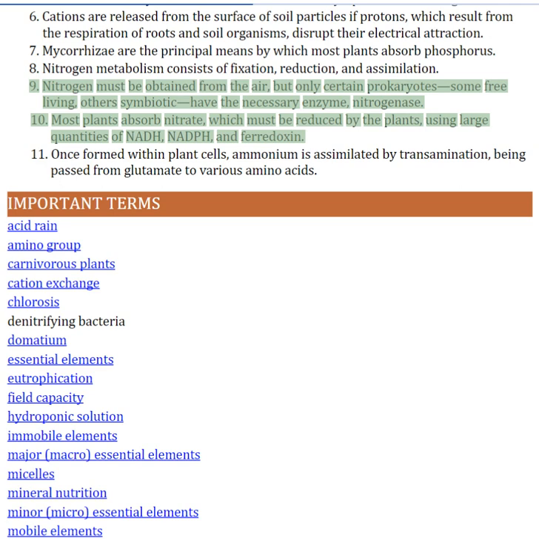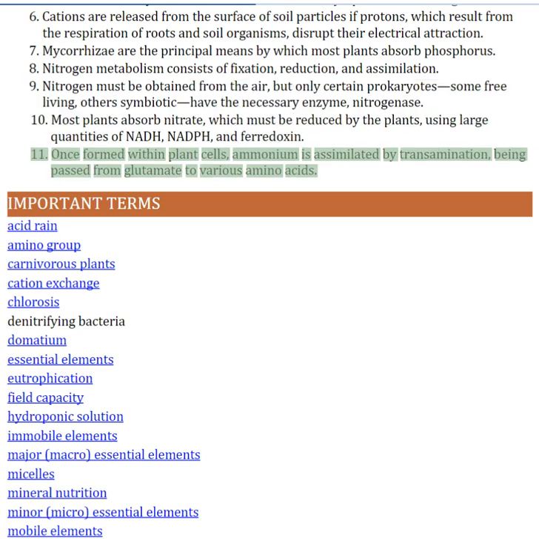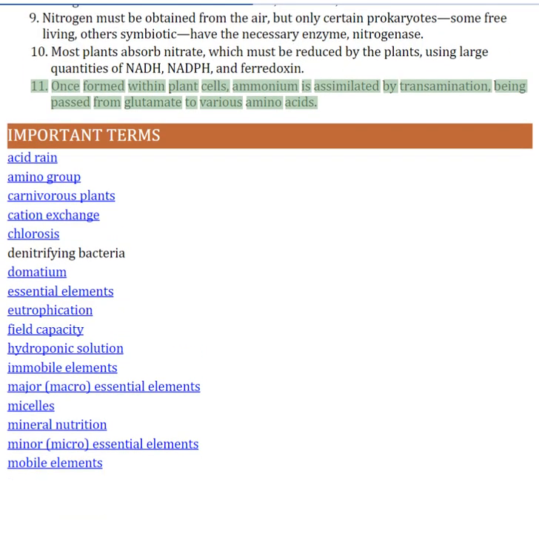Most plants absorb nitrate, which must be reduced by the plants, using large quantities of NADH, NADPH, and ferredoxin. 11. Once formed within plant cells, ammonium is assimilated by transamination, being passed from glutamate to various amino acids.